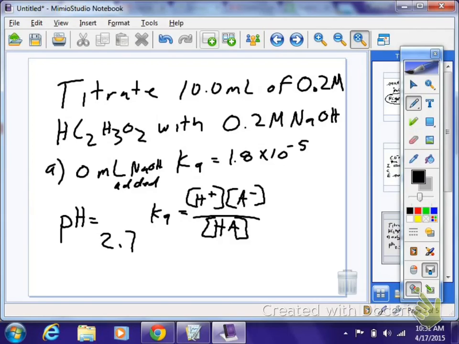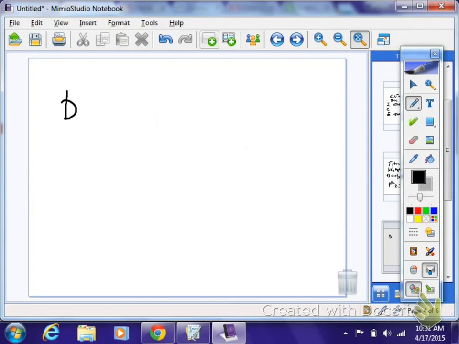Okay, all right. Now what we're going to do is go through the process of using our ICE. So on B, we'll just add 3 milliliters of our base. Okay? So add 3 milliliters of NaOH.